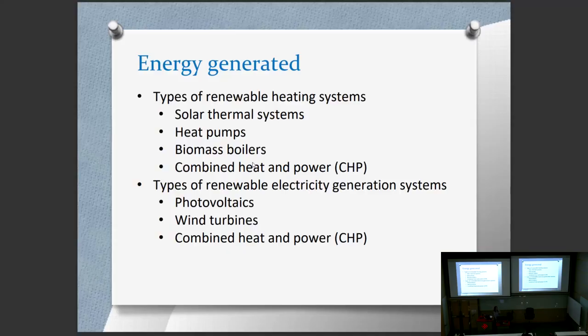And combined heat and power, so you burn these biomass and at the same time generate electricity. So generate heat and also electricity, so combined heat and power. And for electricity generation, PV panel, like photovoltaics, or wind turbines, or also combined heat and power for generating electricity.